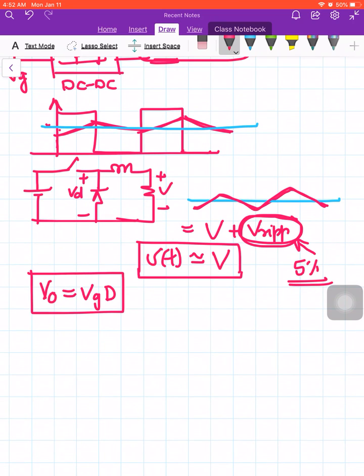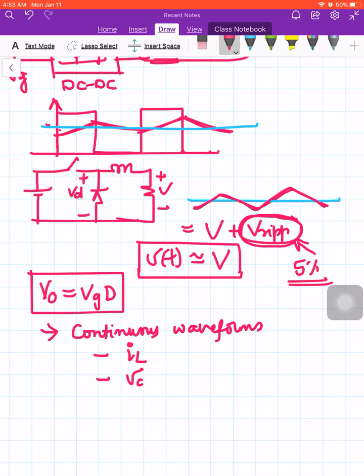And the points that I want to mention are where we can apply small ripple approximation and where we cannot. So first of all, it should be applied to continuous waveforms, which includes inductor current IL and capacitor voltage VC.